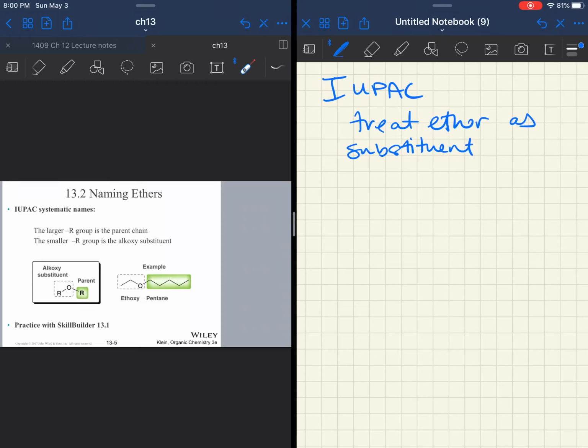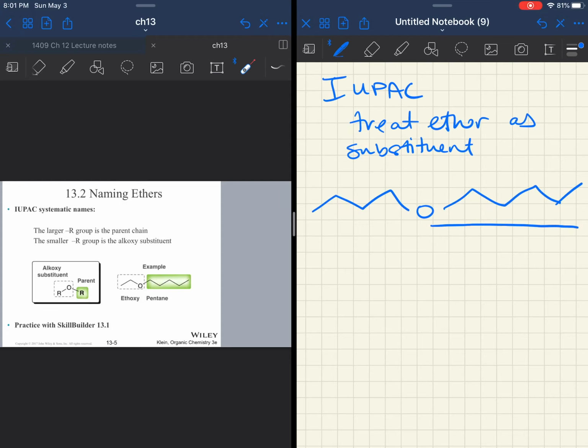So for instance, with some simple R groups here, you're going to choose the longer side. You could call this butyl pentyl ether.